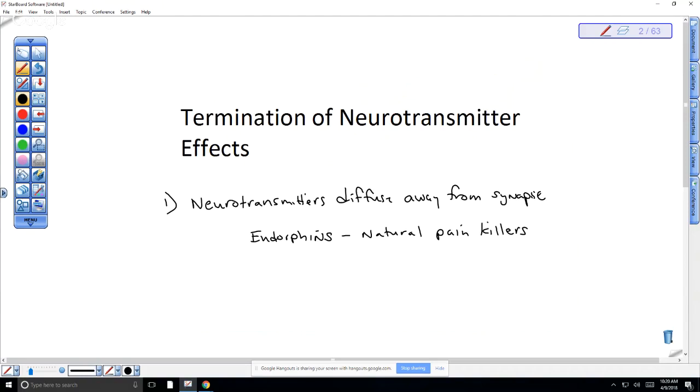Okay? The second way that the neurotransmitters can be removed is by being broken down in the synapse. A good example of this is a neurotransmitter called acetylcholine.